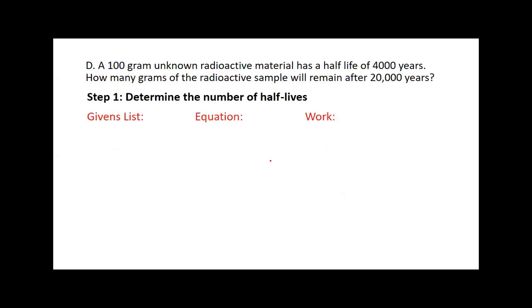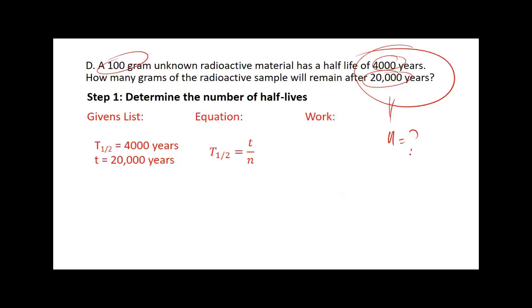Okay, next example. D, here it says 100 grams of unknown radioactive material has a half-life of 4,000 years. How much will remain after 20,000 years? So let's go ahead and take this information. Let's figure out how many half-lives occur in the first place, and then we're going to use that in the second part.